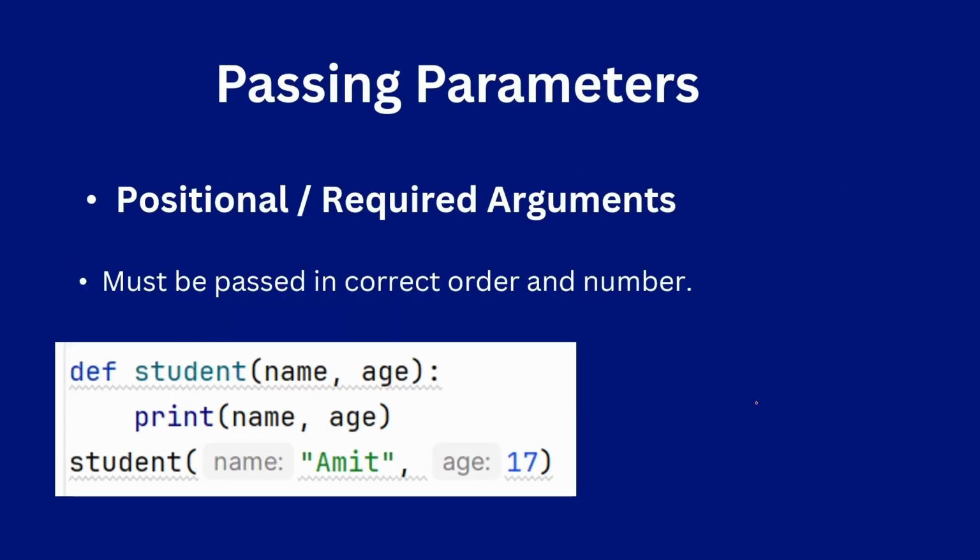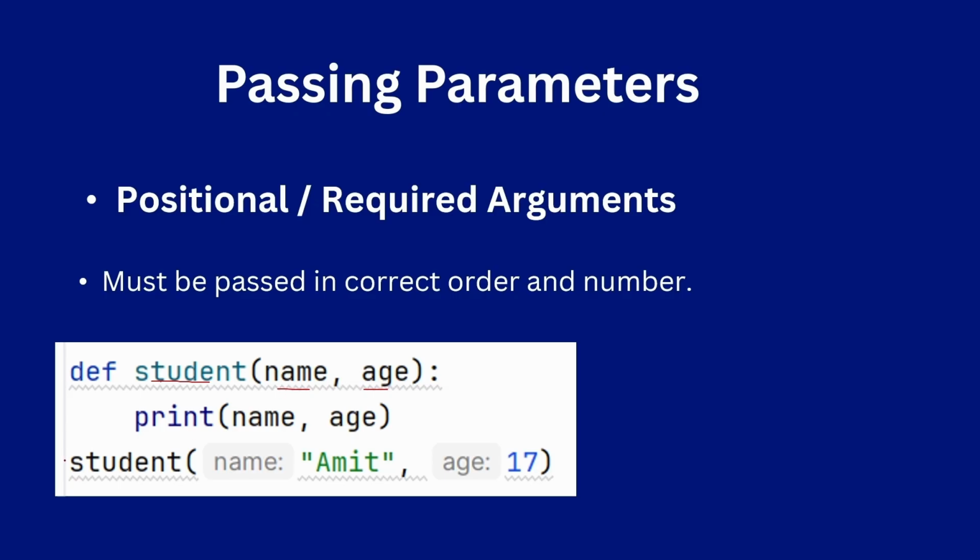Okay, so the next topic is passing parameters. First is positional and required arguments. They must be passed in the correct order and number. Here we have this function student, and the parameters are name and age.